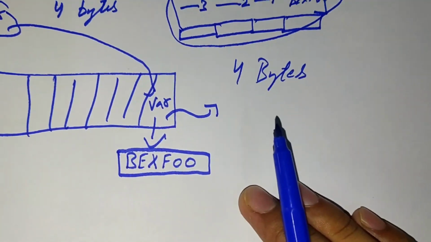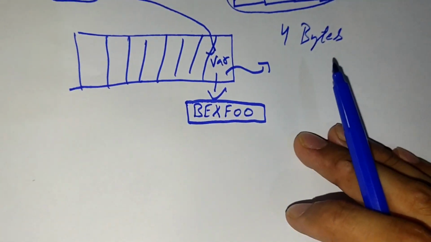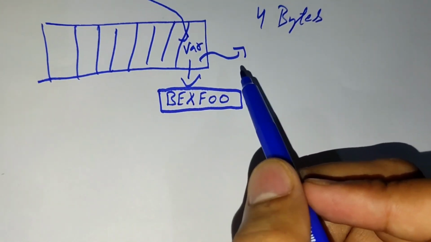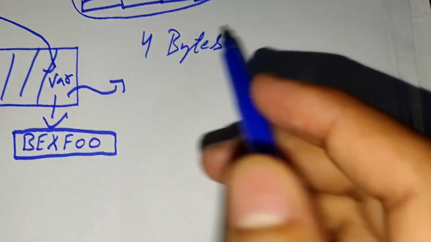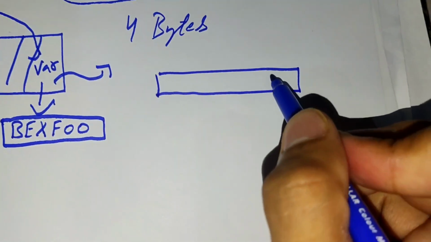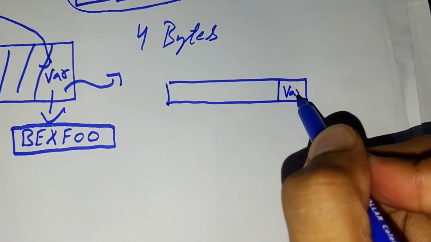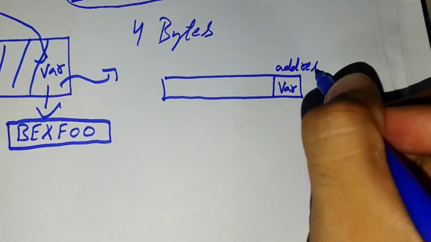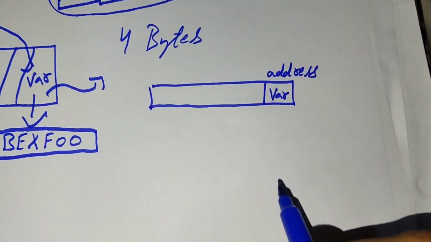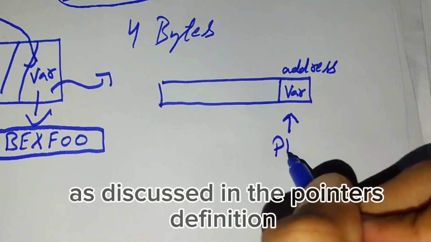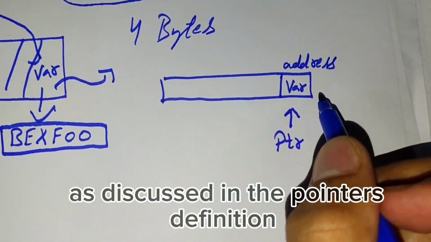Okay, now let's talk about pointers. We say that a pointer points towards the address of the allocated memory. Let's say this is our memory and the variable is stored here, and there is some address. Now the pointer will point towards this address and store this address value.